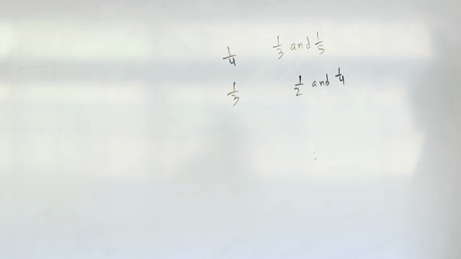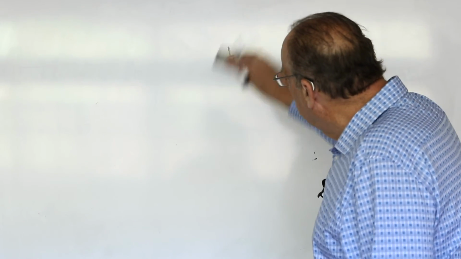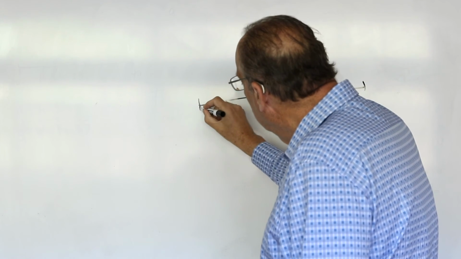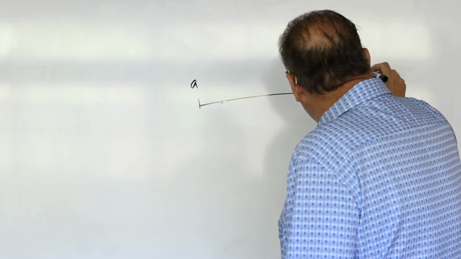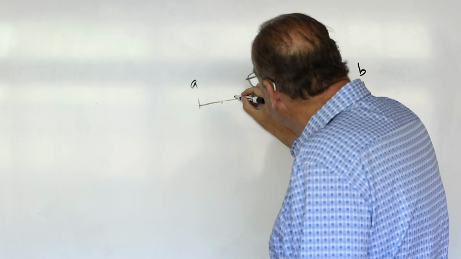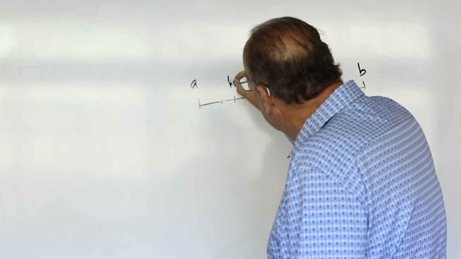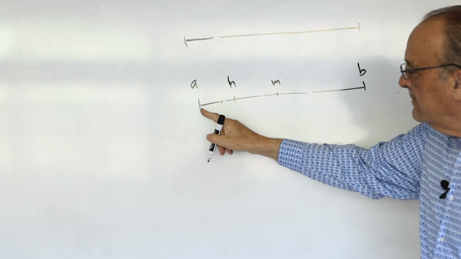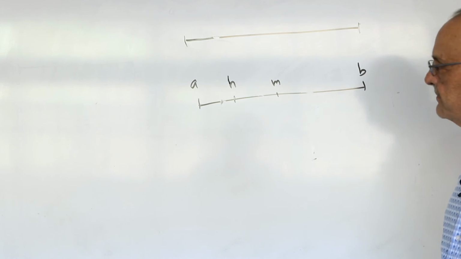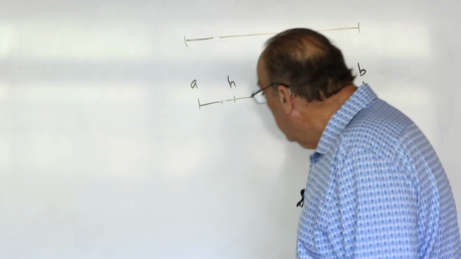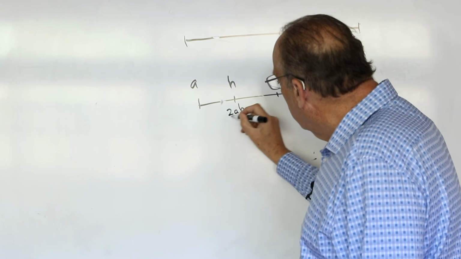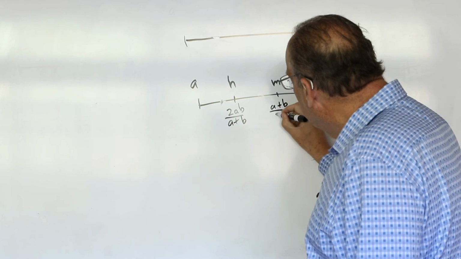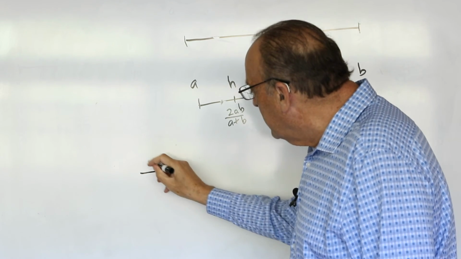We can use the fact that the harmonic mean is homogeneous. So if you have A, B, M, and H, we're going to divide each of these by AB. And when we do that, this formula 2AB over A plus B, and this formula A plus B divided by 2, they're going to be transformed.